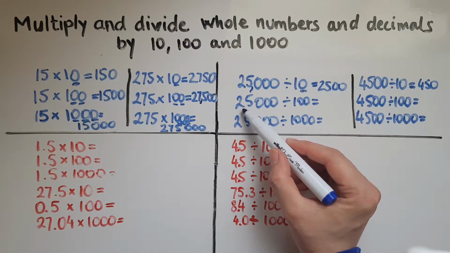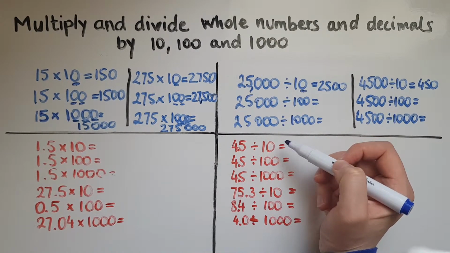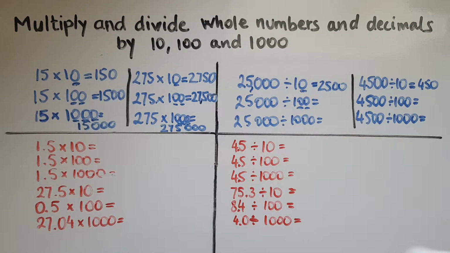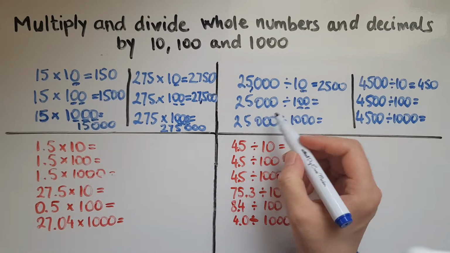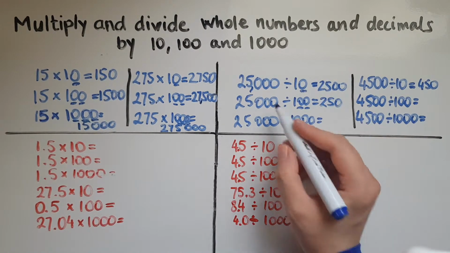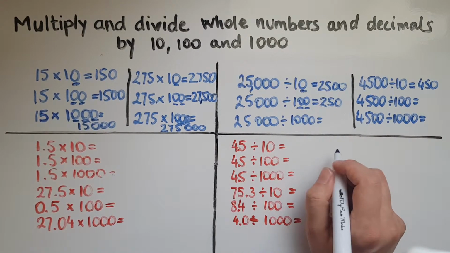We've got 25,000 divided by 100. So now I'll need to knock off 2 zeros. So that's it up to this point. So we've got 250 as the answer.